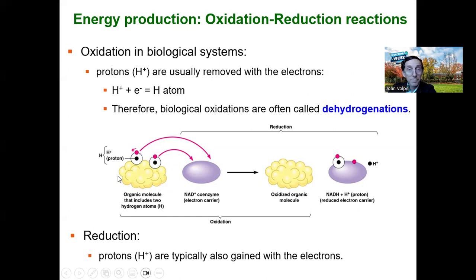NAD plus is an electron carrier molecule, and it takes the electron and the hydrogen and becomes NADH. That's an oxidation reduction reaction in a biological system. Any question about that?